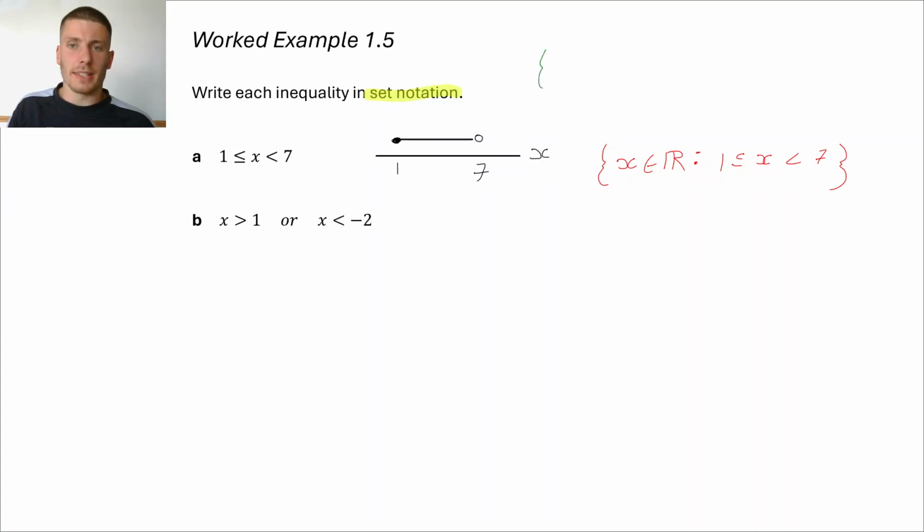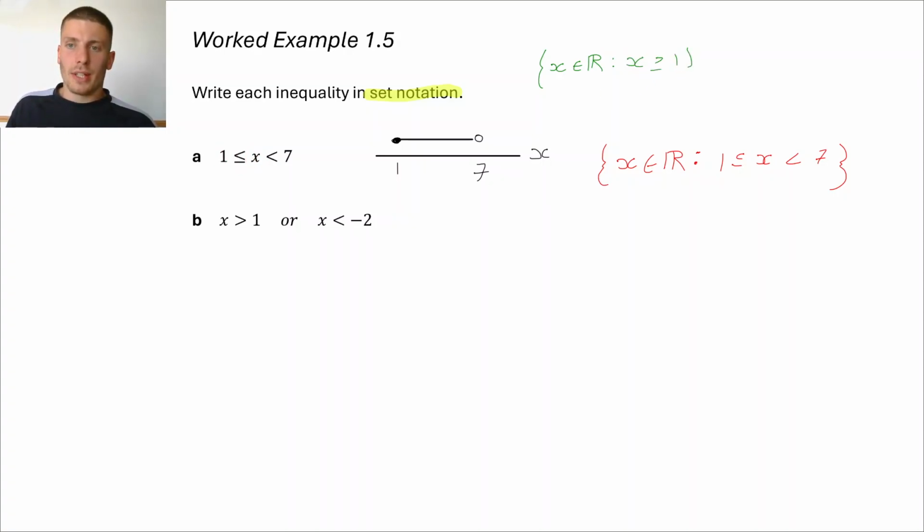So you could write it as x belongs to the real numbers, okay, such that x is greater than or equal to 1, okay, because when you read this, reading x is greater than or equal to 1 means the same thing up here.